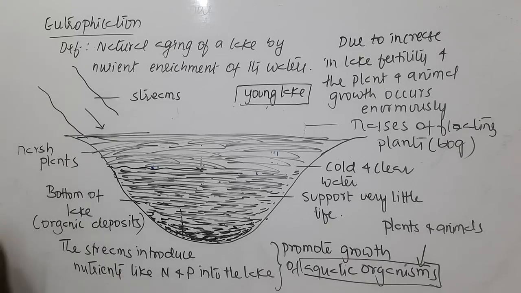Now here is the point: why I'm talking about this process is that it usually requires thousands of years, but it is going at a faster rate due to the involvement of humans. That is what is called cultural or accelerated eutrophication.